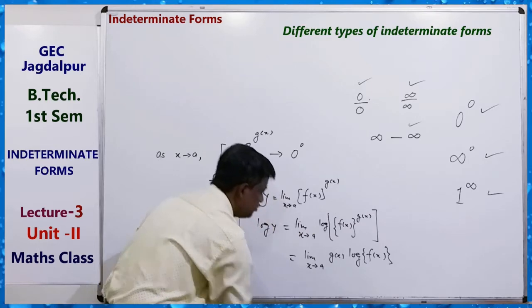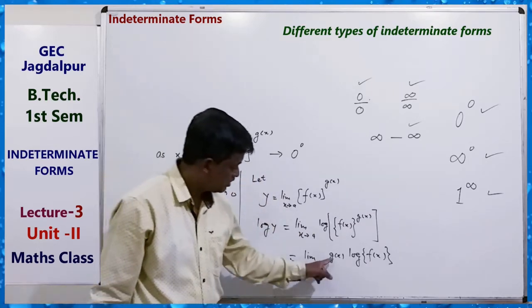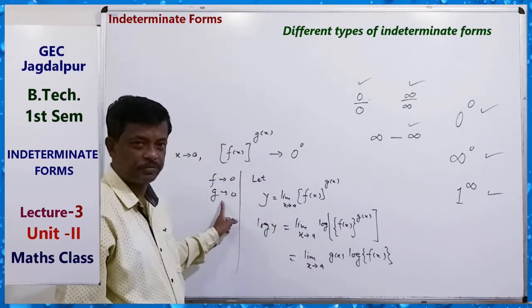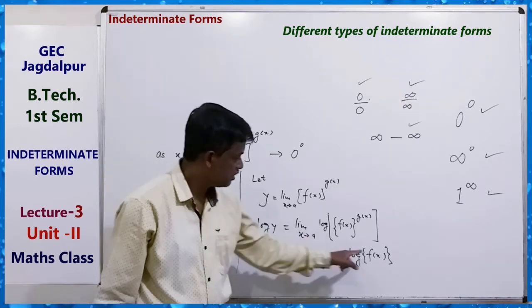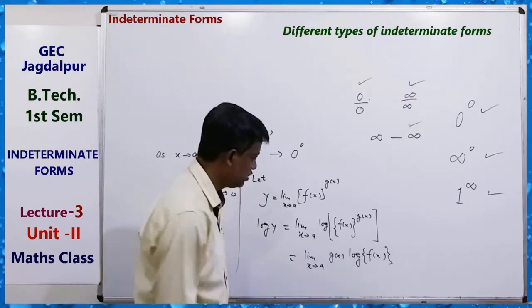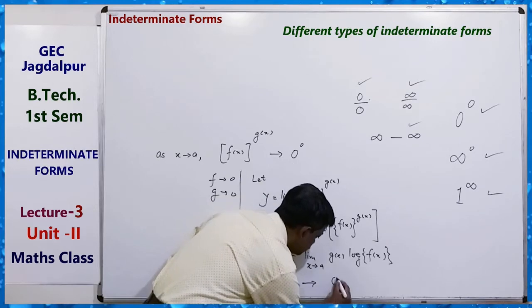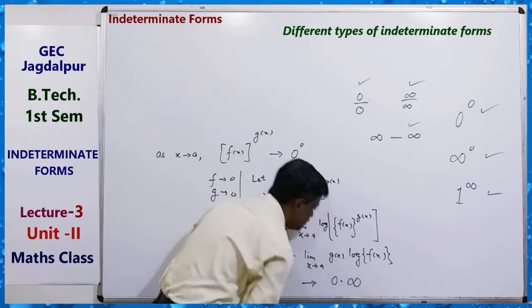So this tends to which format? Because gx tends to 0 and fx tends to 0, log 0 is infinity. So it is 0 into infinity.